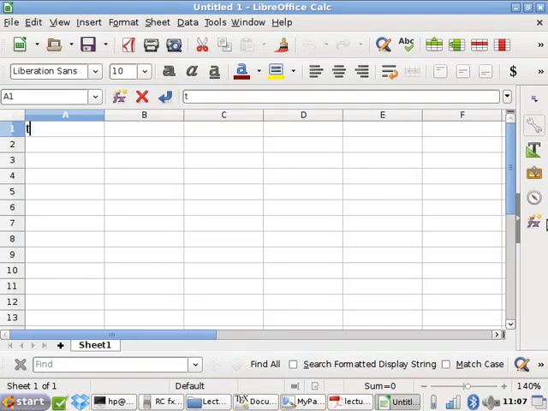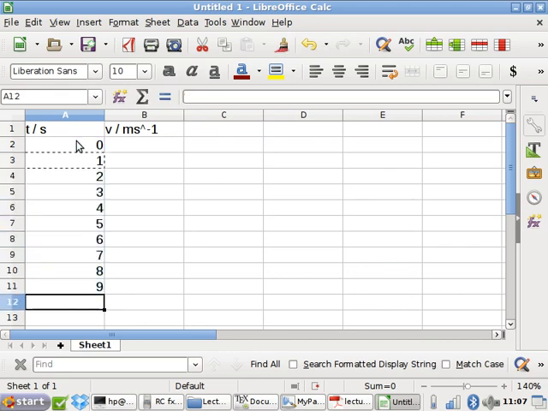So we have our time in seconds, and then our velocity in meters per second. How far does the time go? To 10? Okay. And the velocity starts at 0?